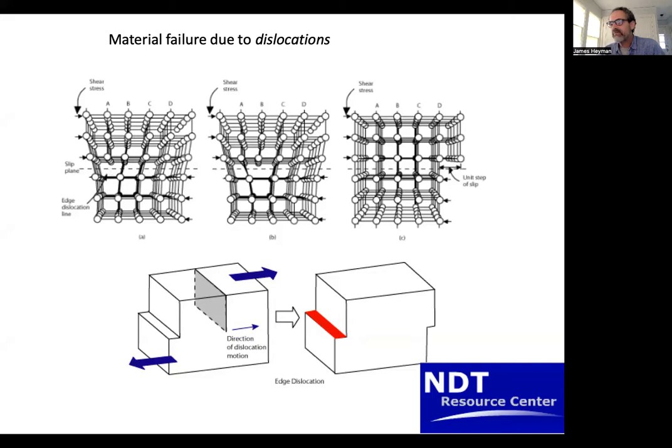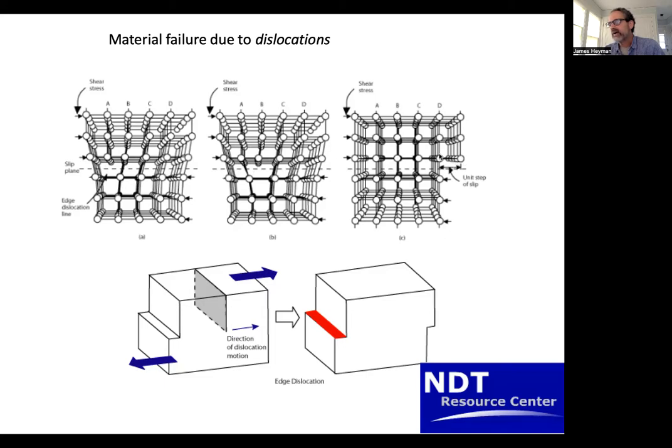Then when I apply a force, all that has to happen is that the bonds connecting these atoms to those atoms have to flip over. And that allows that particular row of atoms to move forward. Now my dislocation, my defect, has moved forward by one atomic unit. And now I can keep doing that, flip, flip, flip, until finally I get to the edge of the material.